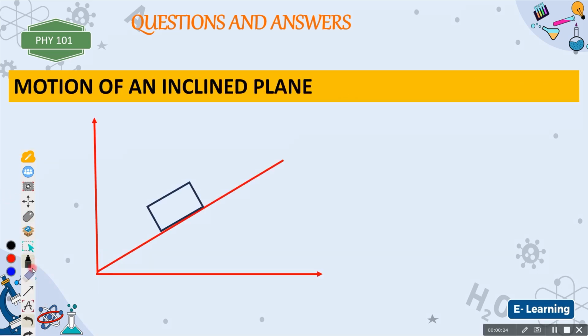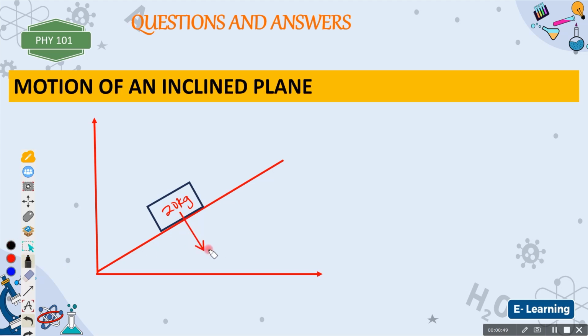If you have something like this, now you are told that the mass is 20 kg. Now this 20 kg will exert a load acting in this direction. Now if you look at it very well, because the center of mass is somewhere around here, this direction is neither the horizontal axis nor the vertical axis. So we have to find the vertical component.